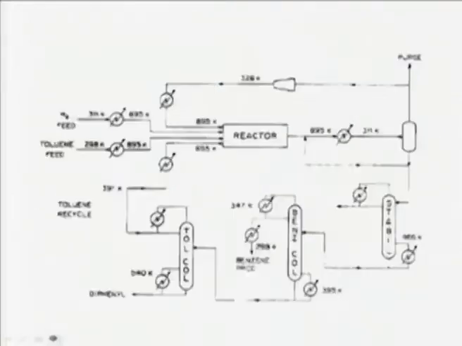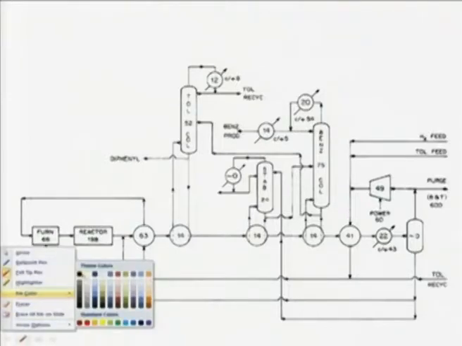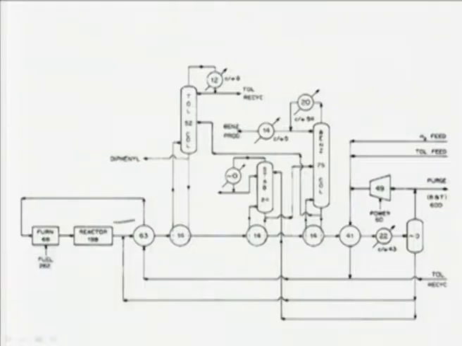Next, we saw our standard case study of hydrodealkylation. What you see now on the screen is the general flow sheet, and then we saw the heat integrated flow sheet. But the heat integrated flow sheet is rather complex because of the several exchangers that are there. We saw how the reactor effluent was giving up its heat to the feed.